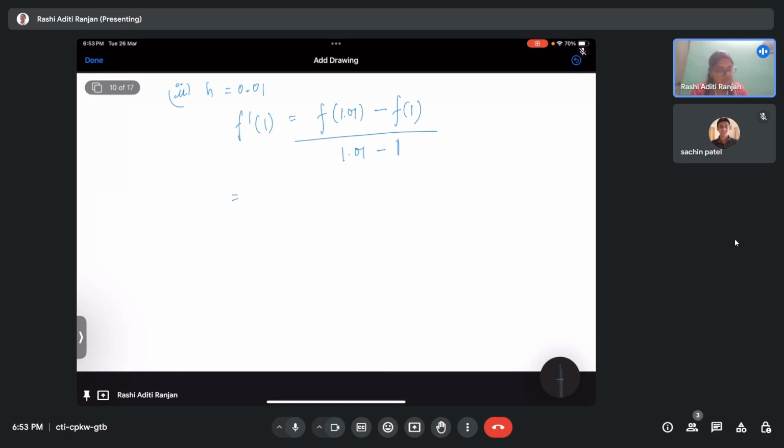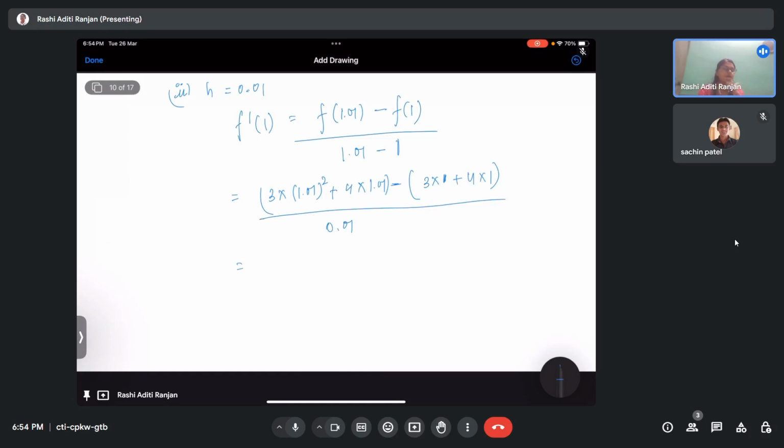So my f at 1.01 is 3 into 1.01 square plus 4 into 1.01, and then I have minus, 3 into 1 square plus 4 into 1, divided by 0.01.